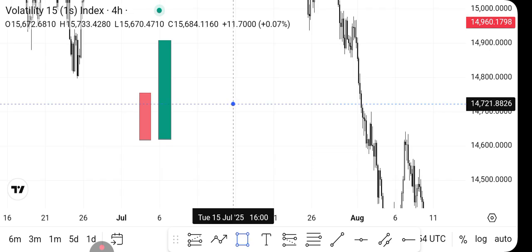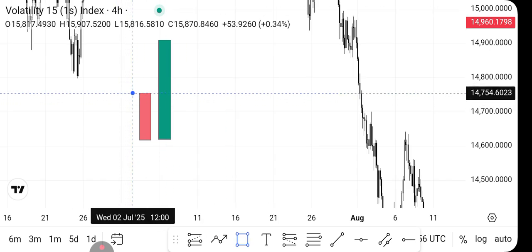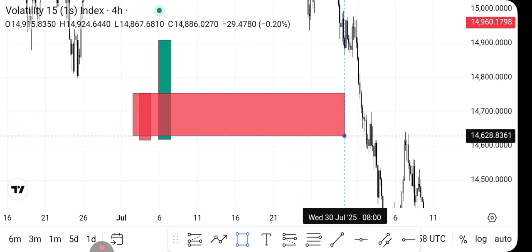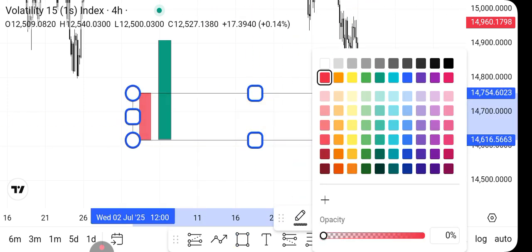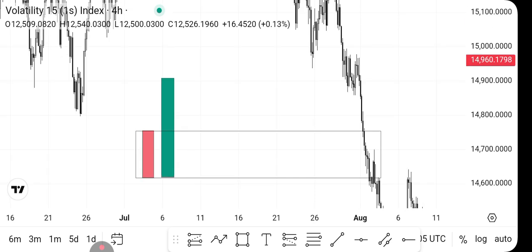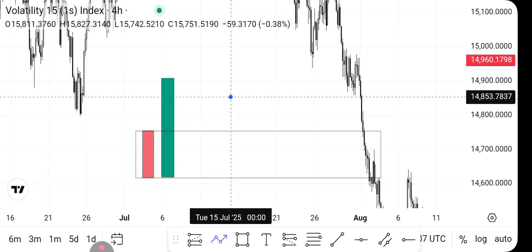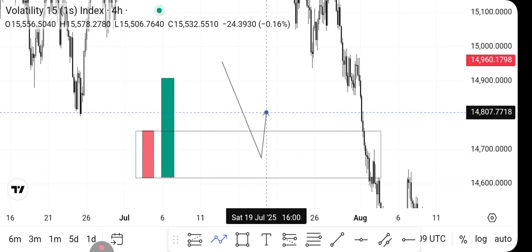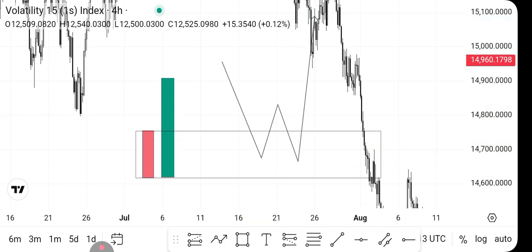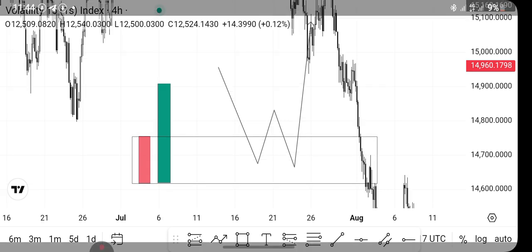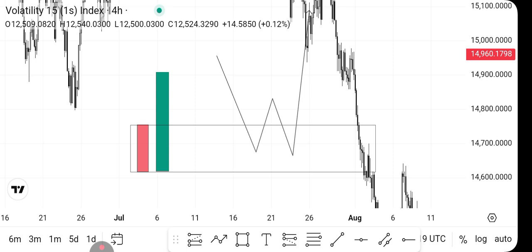You mark it this way, and then you wait for price to come into it, and then buy. So wait for price to come into it, and then you buy. This is a bullish order block.